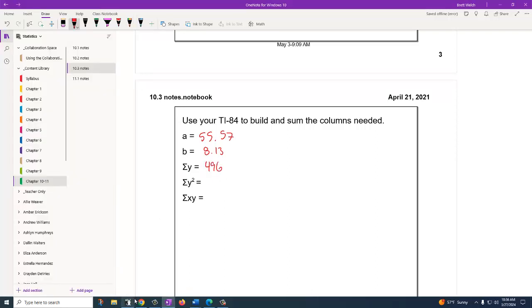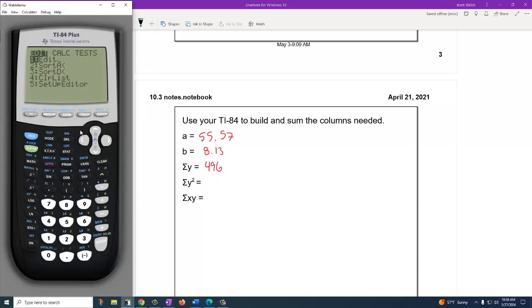Another way to do it is through the catalog. I'll go to catalog and then S, and I can get to sum.